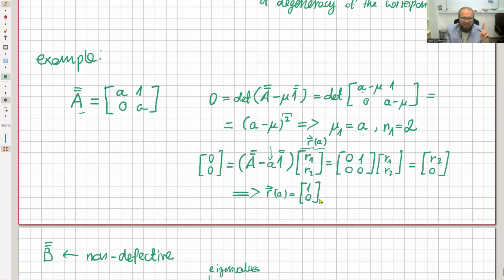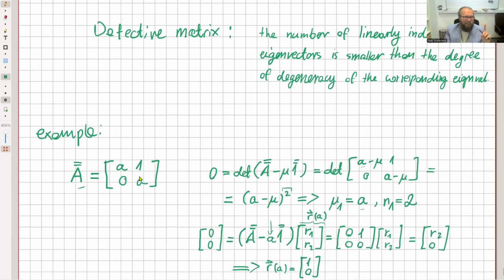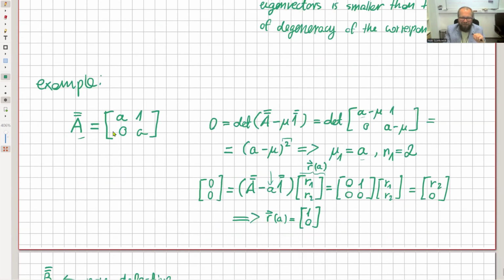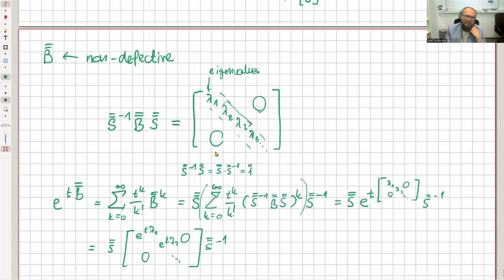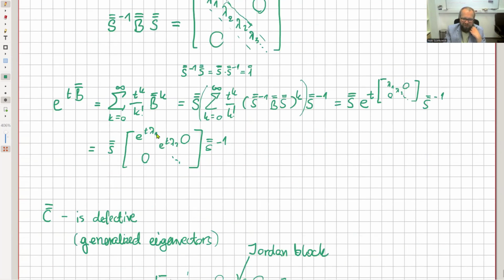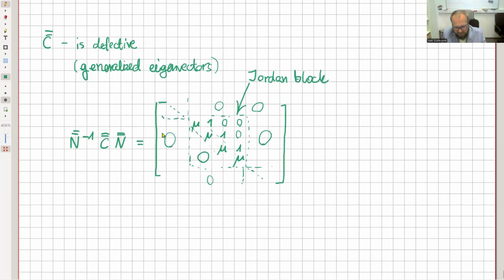And this is the Jordan form for this A matrix, okay? This simple 2x2 matrix. This is the Jordan form for any 2x2 defective matrix. So this is basically a higher dimensional generalization of our example here. So this is something you can do.